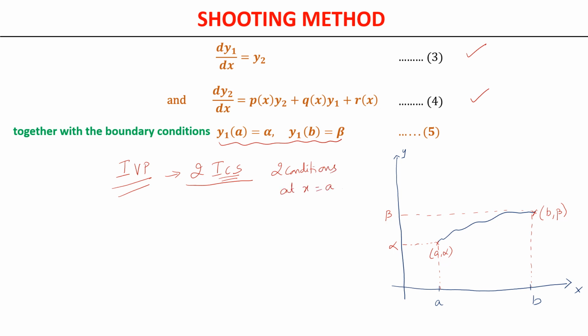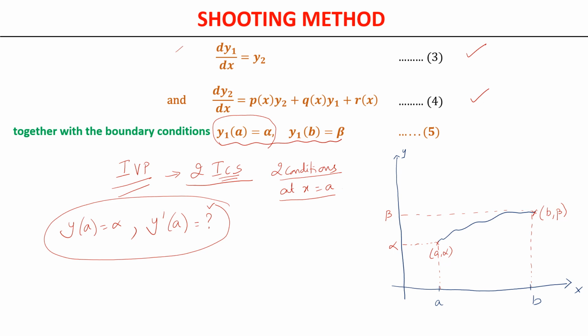I already have one condition, y1 of a equal to alpha. So what should I do now? I should find y dash of a also. Then I will have two conditions at x equal to a: y of a equal to alpha and y dash of a equal to whatever it is after finding.